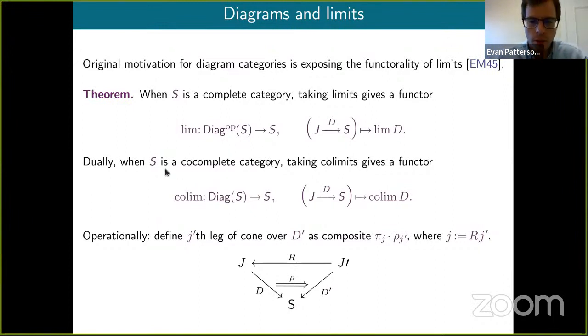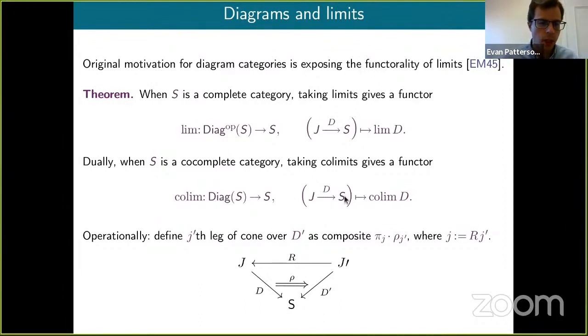So I'll explain briefly how that goes in a second, but then the dual statement is that if S is a co-complete category, then this other category of diagrams, the covariant one, turns colim into a functor.